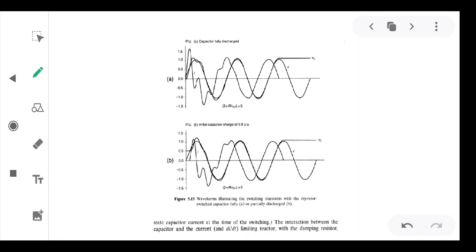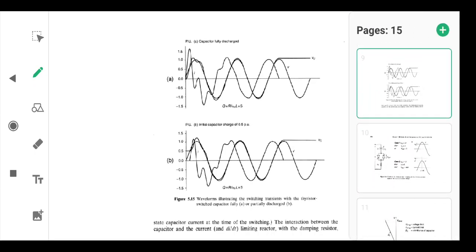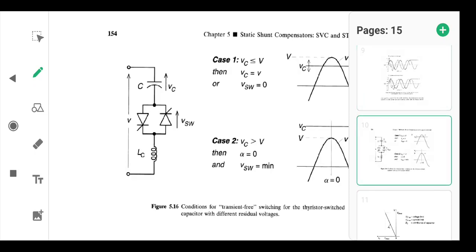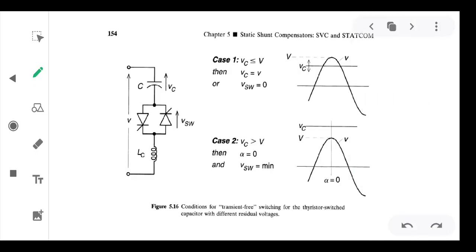For transient free switching, the difference between the capacitor discharge voltage and the supply voltage must be a minimum value. Let us have case 1. In case 1, VC capacitor voltage is less than or equal to the supply voltage.